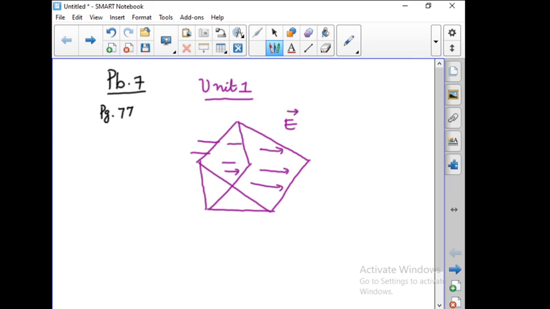This measurement is given as 5 centimeter, and this length is 15 centimeter. This angle is given as 60 degree, and it is understood this is 90 degree. We are asked to first calculate the electric flux through the vertical rectangular surface. So which is the vertical rectangular surface? This is going to be the vertical rectangular surface. First we are going to calculate flux through this surface.